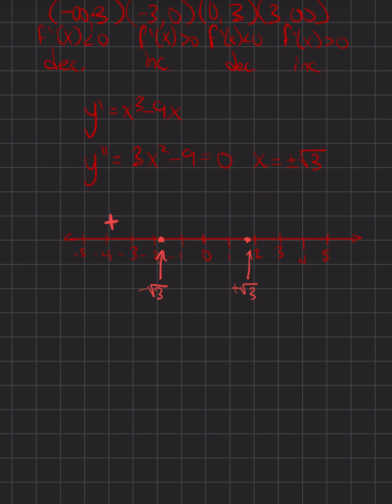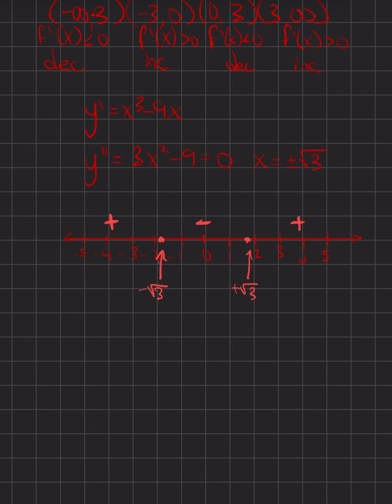And then we'll plug in some stuff in the middle. Let's plug in, say, 0. 0 squared, that's 0. 0 multiplied by 3, 0. 0 minus 9, negative. Plug in some stuff beyond root 3. Let's say 3. It's going to pop out the same as when we did it for negative 3. So we know that's going to be positive.